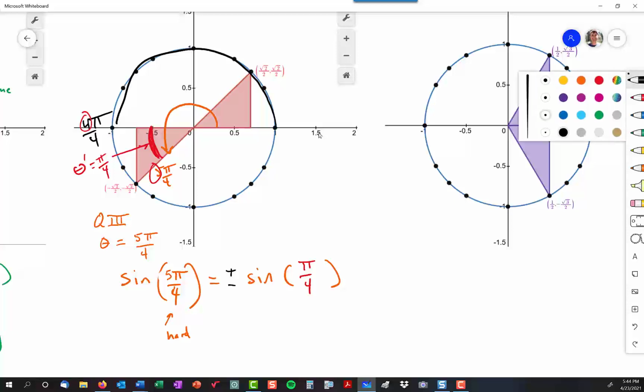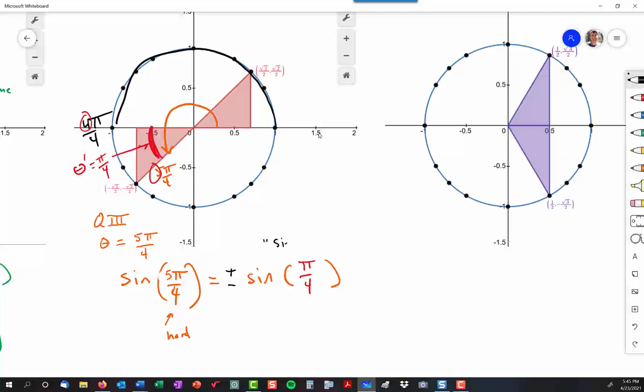Now, if you're still struggling with radians a little bit in your brain, I hope you're thinking, pi fourths, that's like 45 degrees. So think pi fourths, that's sine of 45 degrees. So hopefully you've memorized those. And you're going to get 1 over the square root of 2.